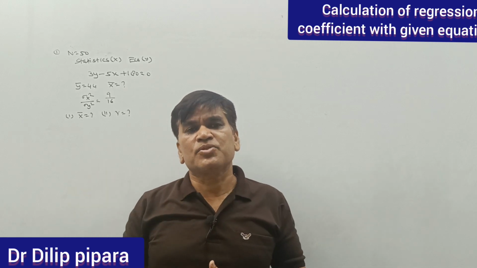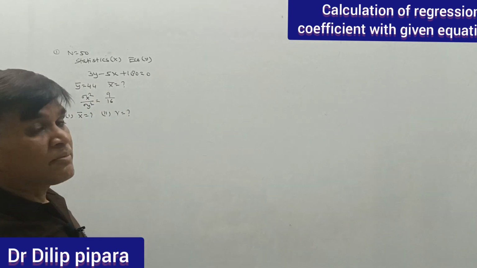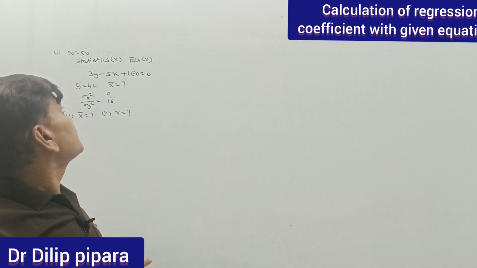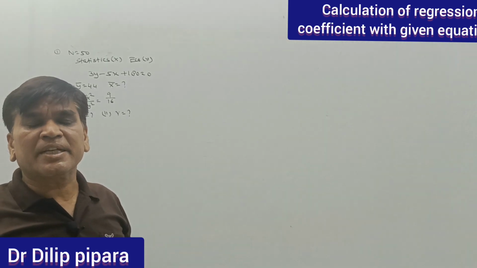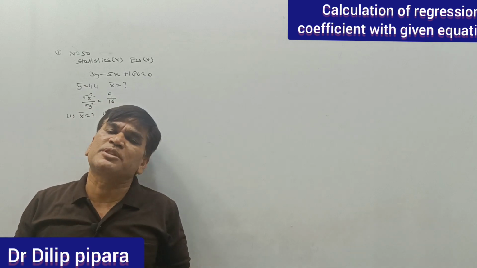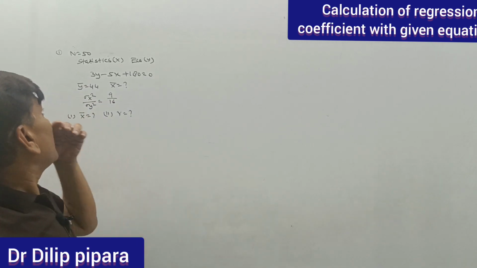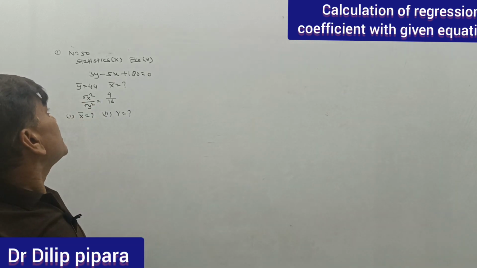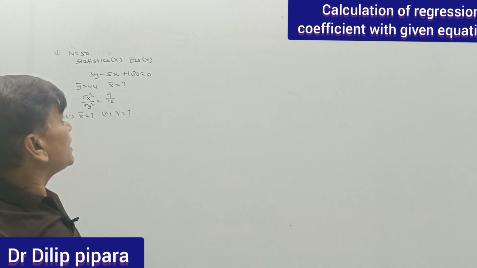So I have written a question on the blackboard. The question has 50 students. The marks of the 50 students in statistics and economics; we suppose statistics is x and economics is y. The relationship between them is given: 3y minus 5x plus 180 is equal to 0.